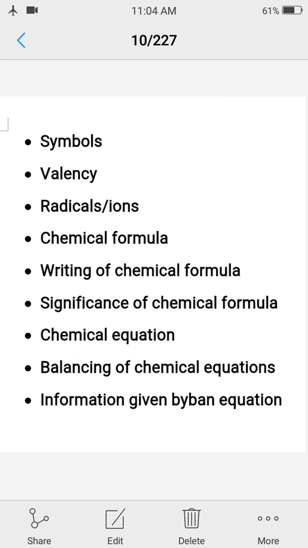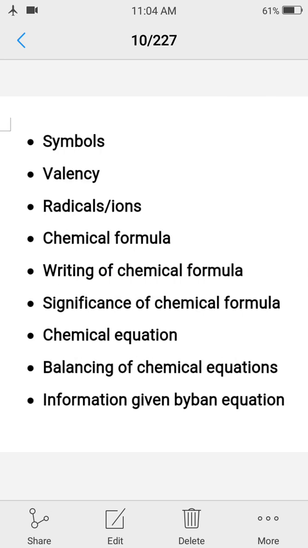So, in this lesson, we are going to learn symbols, valency, radicals or ions, chemical formula, writing of chemical formula, significance of chemical formula, chemical equation, balancing of chemical equations, and information given by chemical equations.